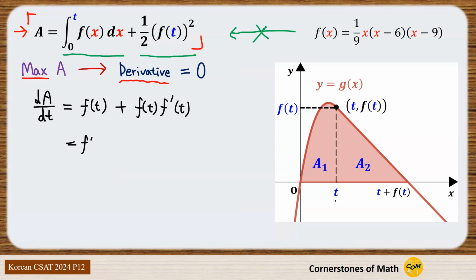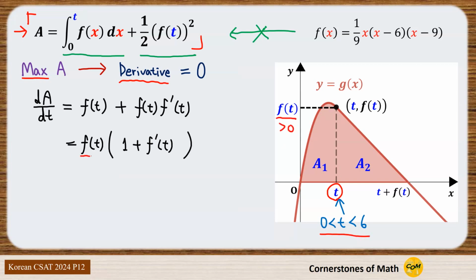Therefore, we have f(t) times (1 plus f'(t)). Here, this t can have values only between 0 and 6, and we know that f(t) remains positive there. Therefore, in order for this derivative to become 0, 1 plus f'(t) must be 0.